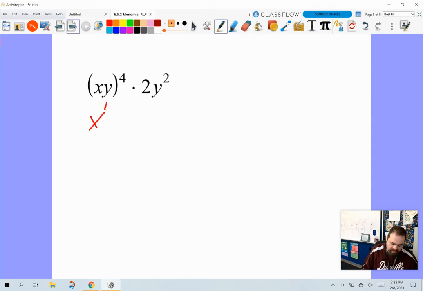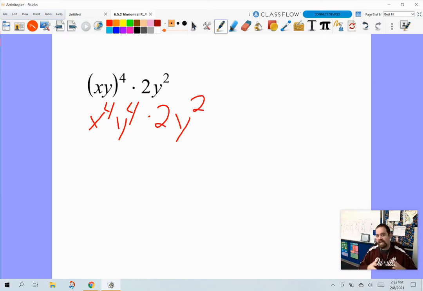That's going to give me an x to the fourth, y to the fourth, and then that is being multiplied by 2y squared. I can expand it all out, look at it, and then shrink it back down. There's no coefficient that's going to affect the 2. And then I've got an x to the fourth, y to the sixth. Please put your variables in alphabetical order.